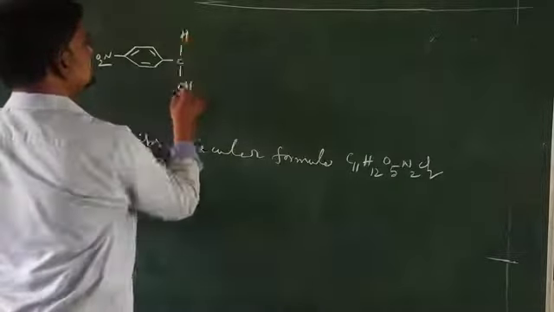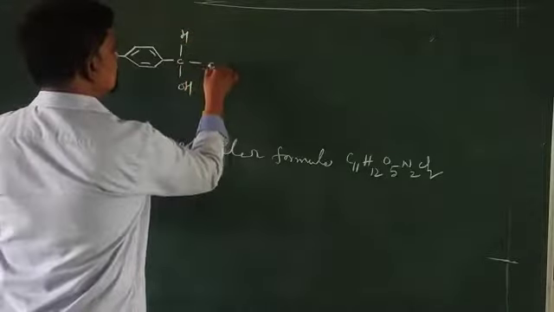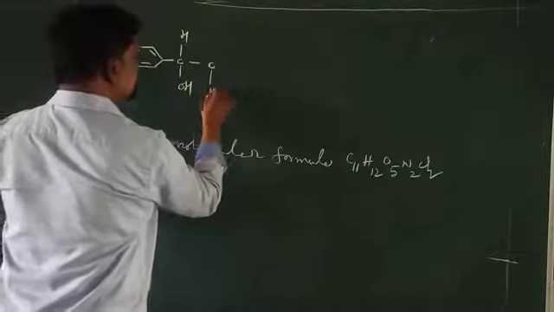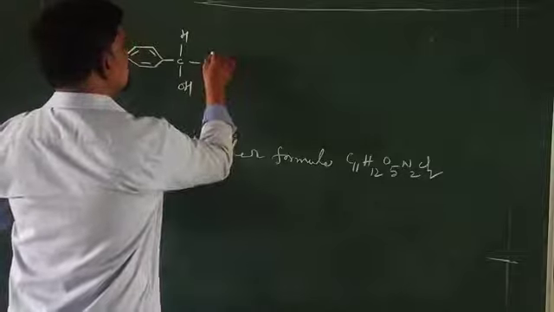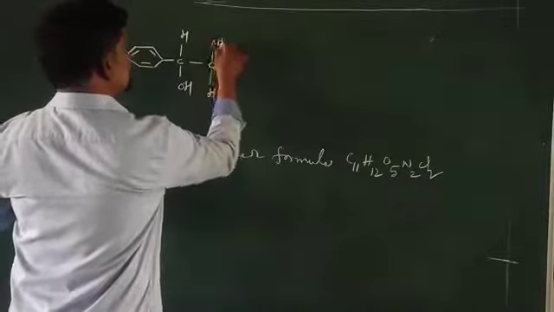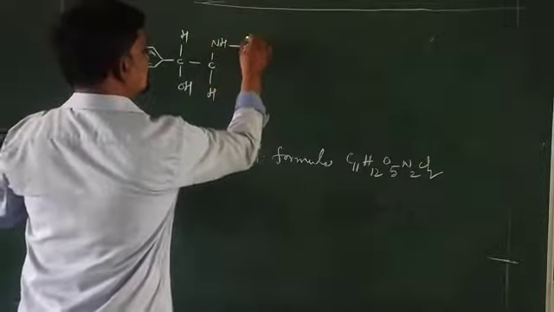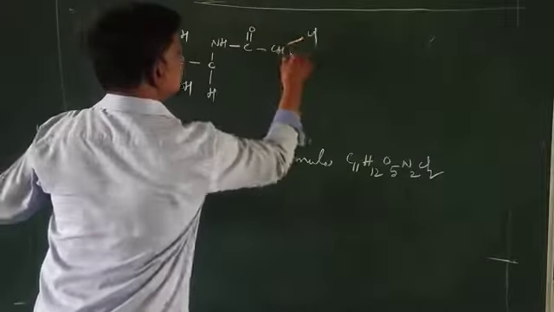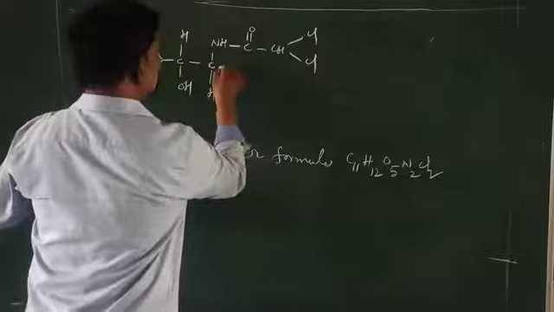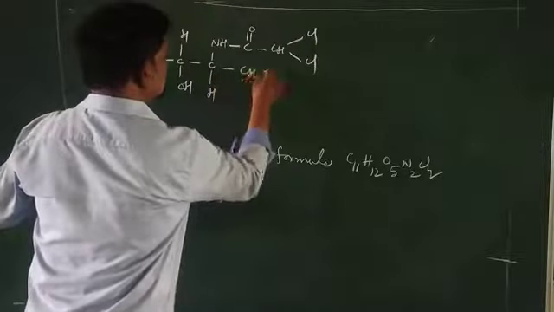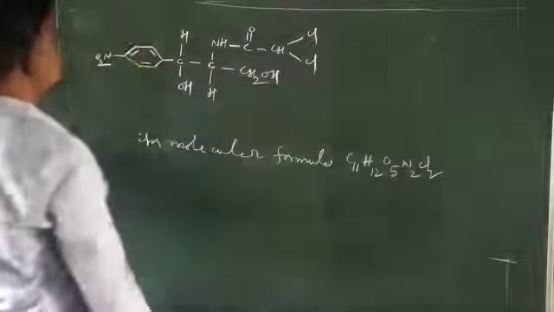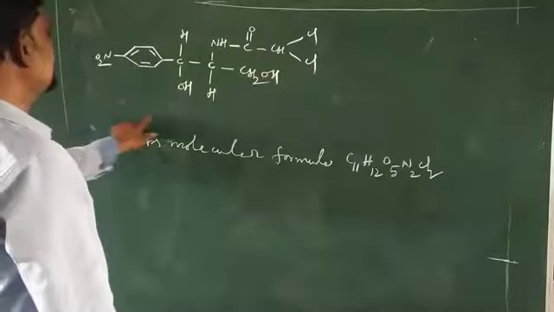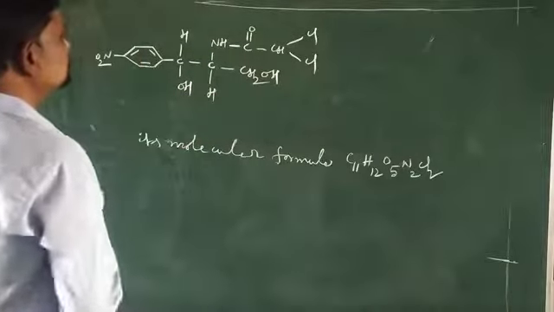Here hydrogen. Here carbon. In this position attached the hydrogen. Again in this position attached NH and C double bond O and CH, Cl, and alcohol group. This is the structure of chloramphenicol.